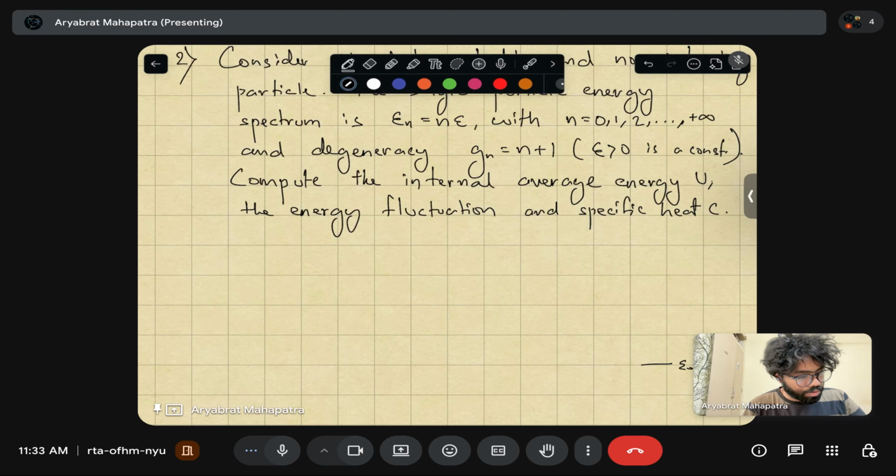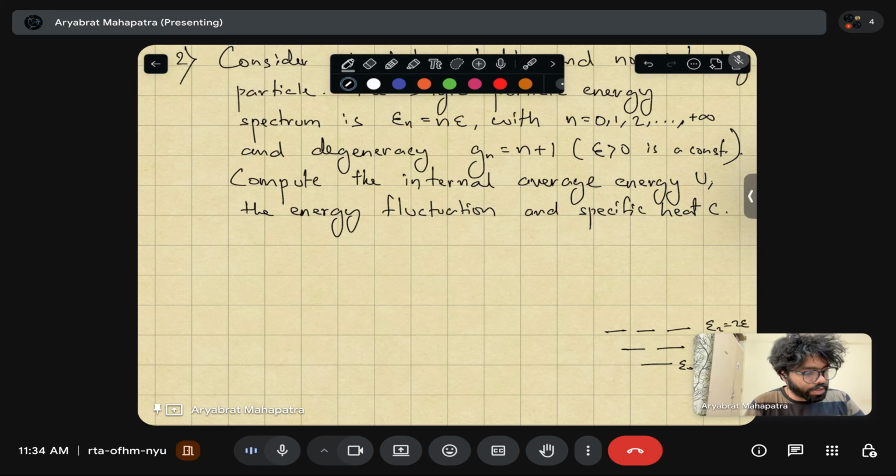Then the first excited level has two states, both with energy epsilon. For the second you have three states with 2 epsilon.